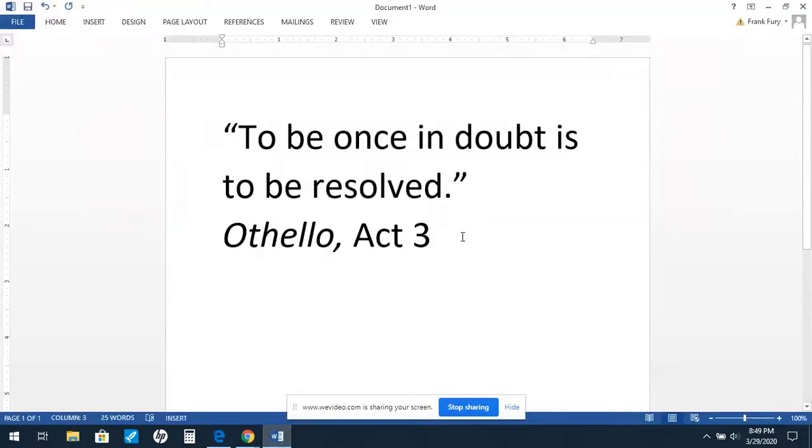There's also, this is from the play Othello. Othello, another one of Shakespeare's plays, speaks these words, and he's married to Desdemona, and in the course of the play, he becomes suspicious of her, that she's cheating on him. And he utters these lines in Act 3 before he's presented with what he thinks is really sort of hard evidence that she is in fact cheating on him, when in reality she wasn't.